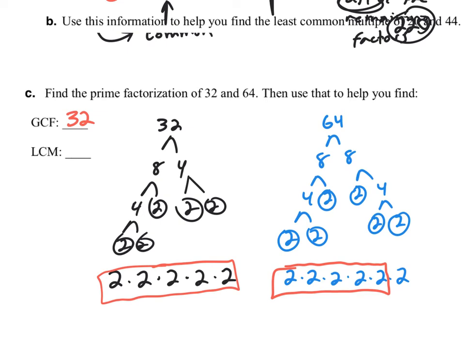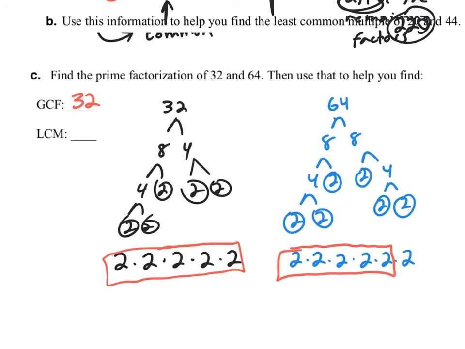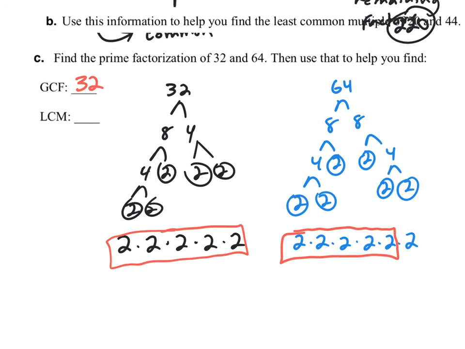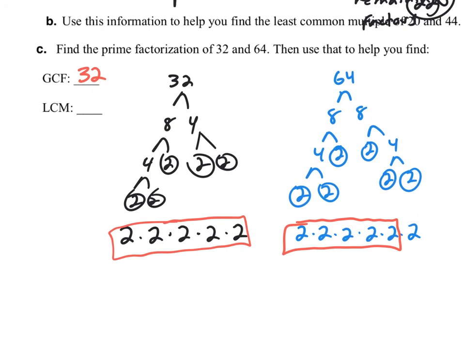Now, for the least common multiple, I'm going to move this up a little bit here. For the least common multiple, we have to put all of the ones they share plus any that also need to be included. So I'm going to draw a new line. What do they share? They share 5 2's.